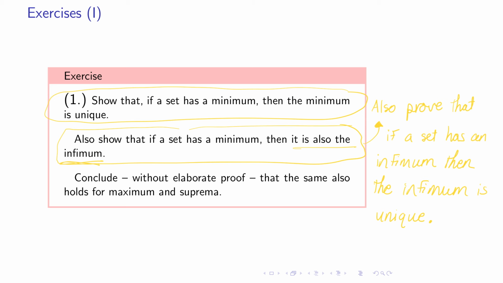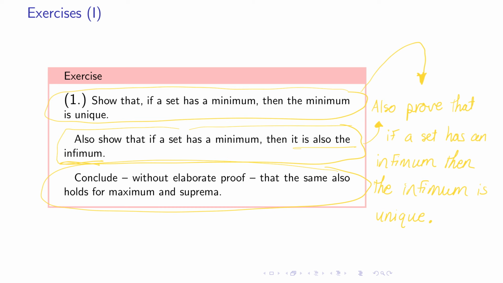And as a strong hint for a very nice and short proof, use what you've already shown for, well, maybe minimum, but really maxima. Everything that we say here which is true for a minimum should also be true for a maximum, and also everything that we say here for an infimum should also apply just as well to a supremum.